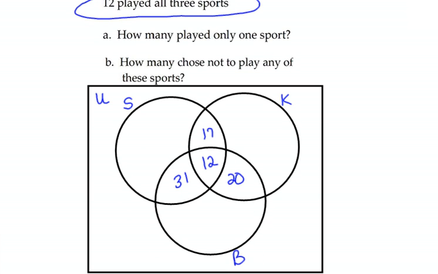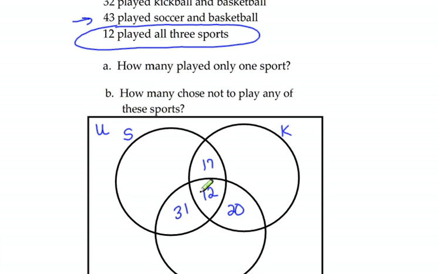Okay, and then the next thing we want to do is fill in these highlighted areas. So notice that we want to complete the set of students who played soccer. If we look right now, we've got 17 plus 12 plus 31, which gives me 60.